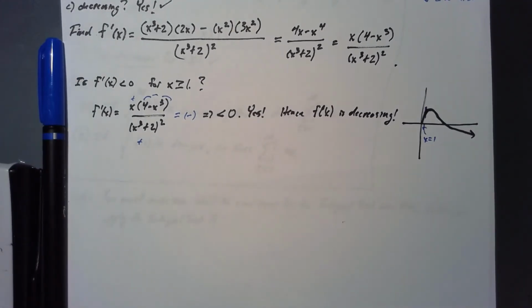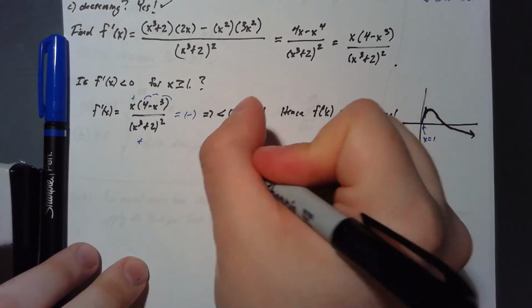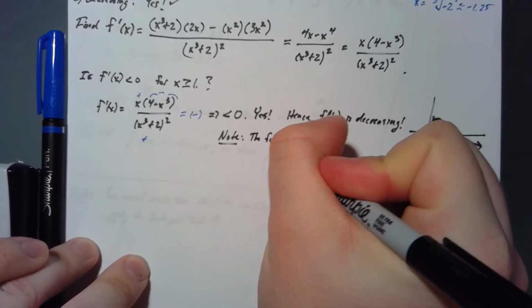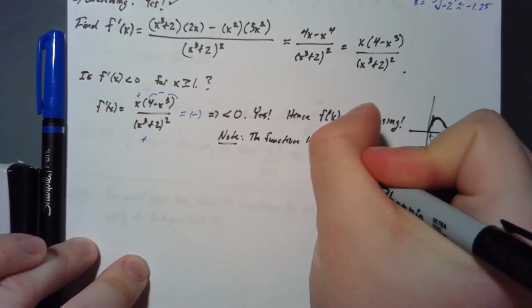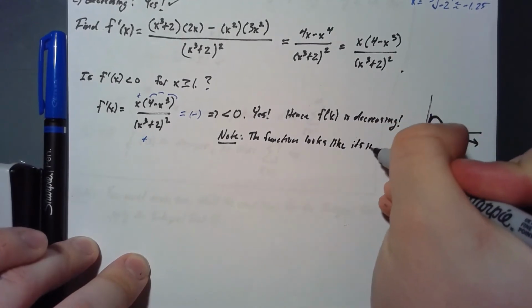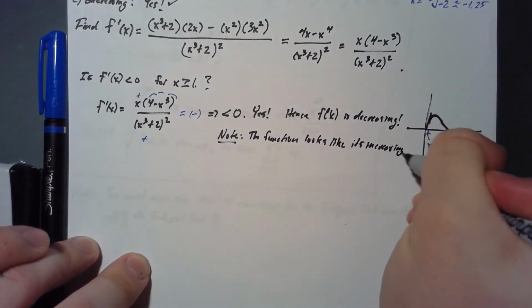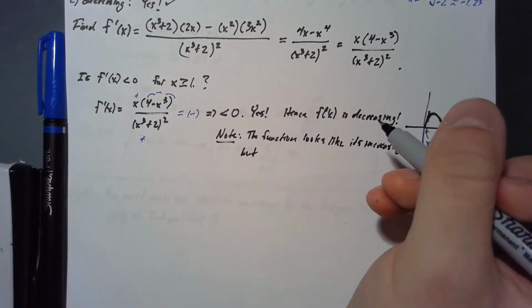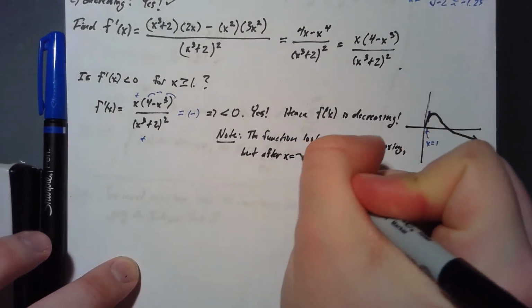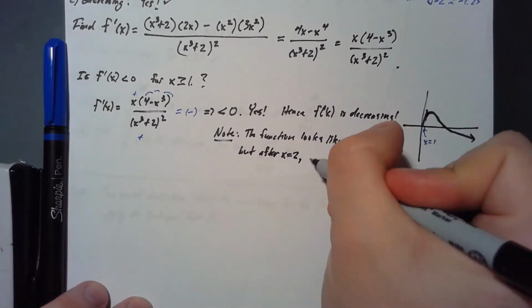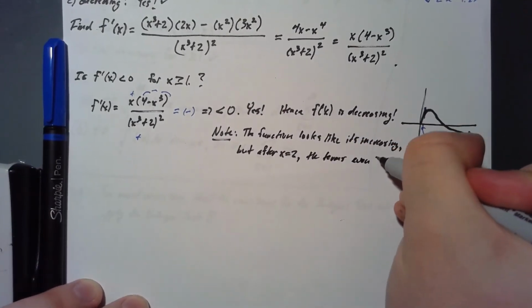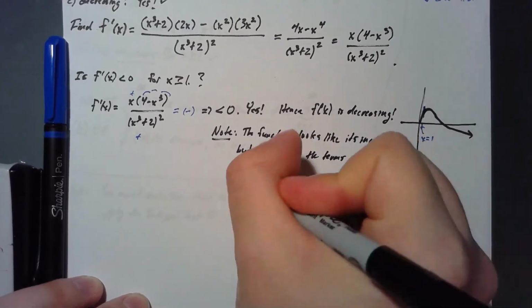So what's going on here is, just to make a note, the function looks like it's increasing, but after x equals 2, the terms eventually decrease.